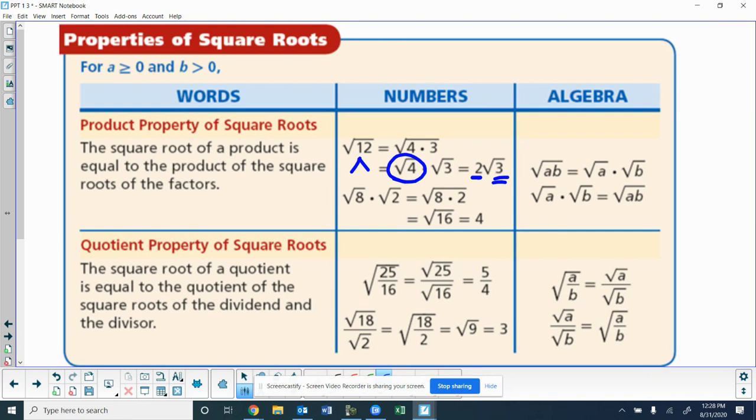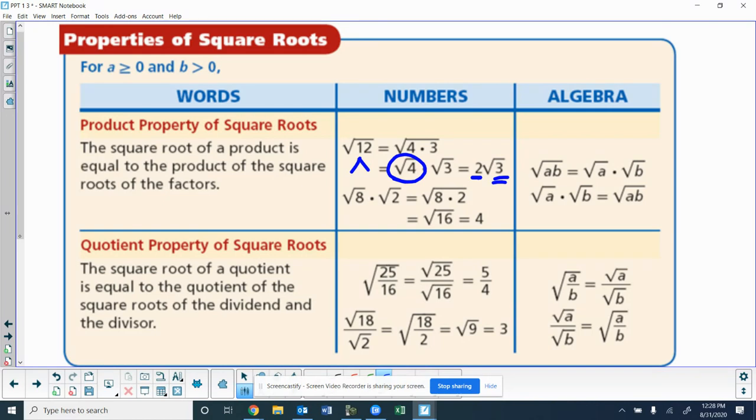Okay? Sometimes you'll have 2 radicals. And if it's multiplication, they're not the same. That's okay. You can still multiply them. That gives us 16, and we know the square root of 16 is 4. So you can go both ways if you want, is what they're saying. Okay? You can take 2 radicals and make it 1, or you can turn 1 into 2 and then simplify.